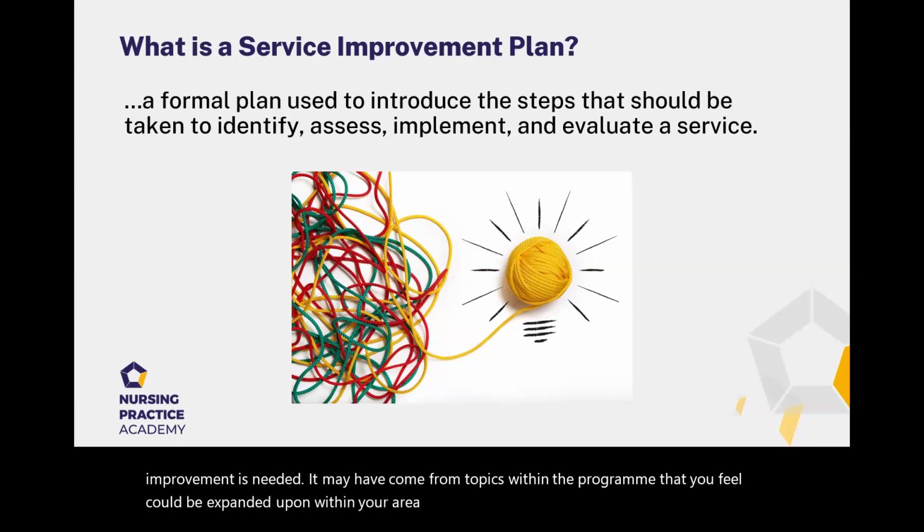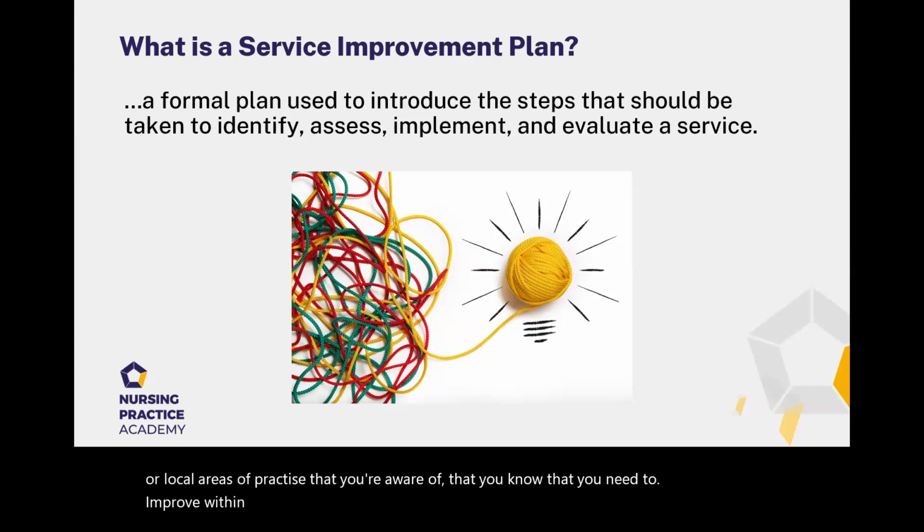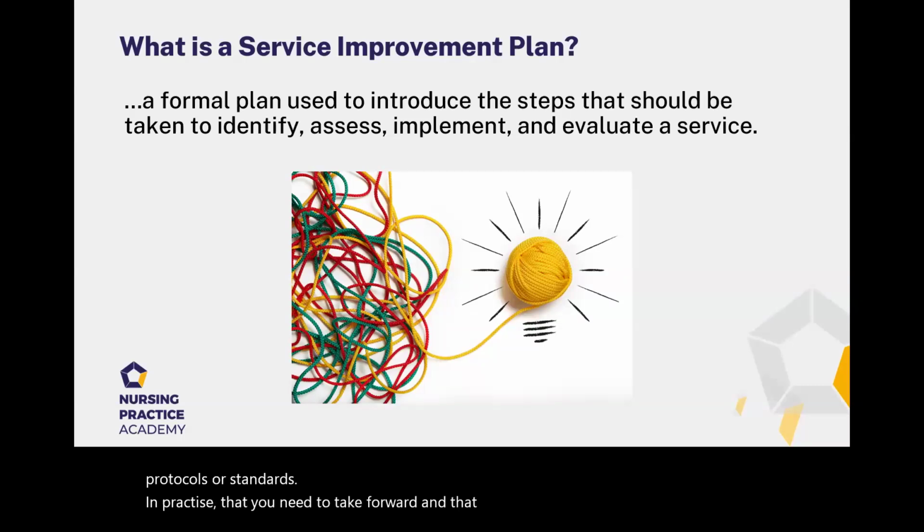It could be that there are national, regional or local areas of practice that you know you need to improve within your service. Or it could be the introduction of guidelines, protocols, or standards in practice that you need to take forward. That is the area in which you look to do your service improvement plan.